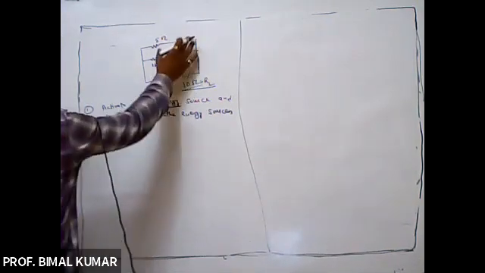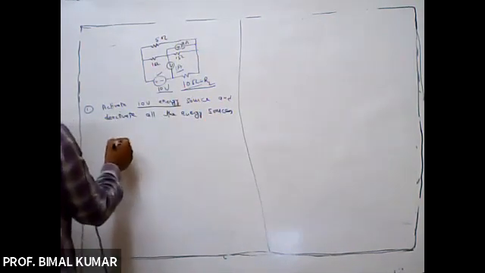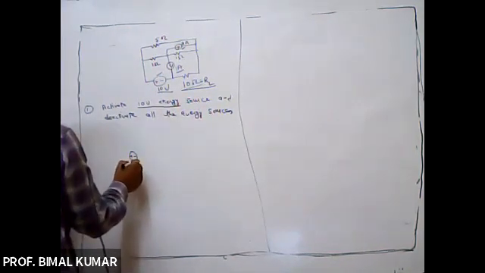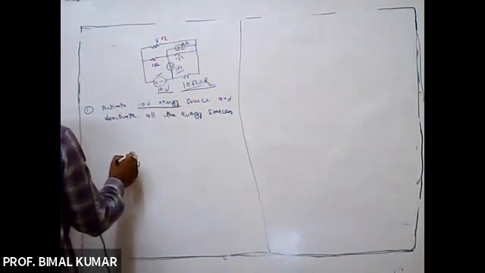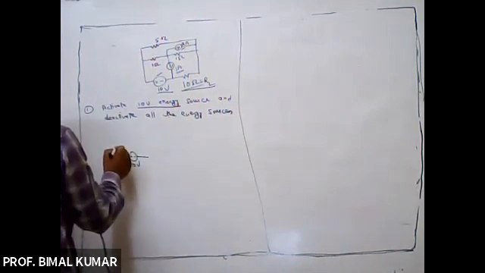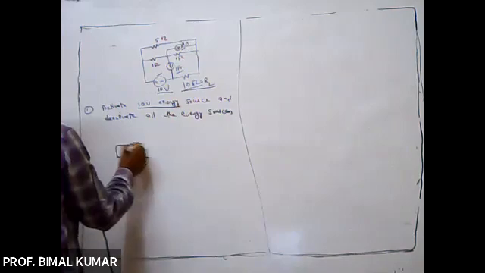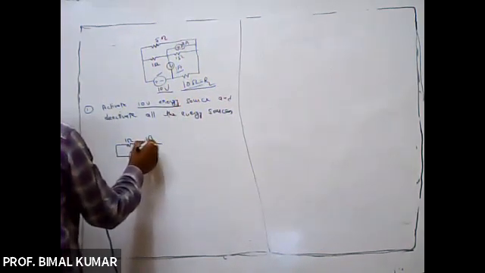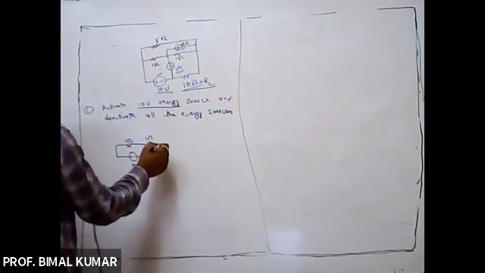After open circuiting these two, you may redraw the circuit. Here it will be this 10 volt source, then this 1 ohm resistance, then again a 1 ohm resistance, because the other branch is open circuit so there is no need to draw it.